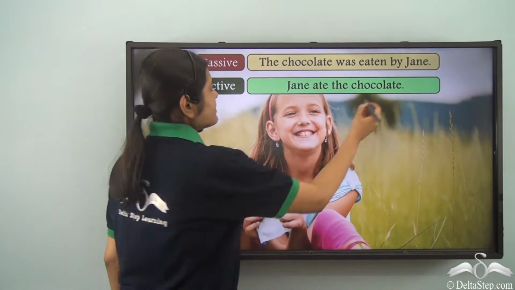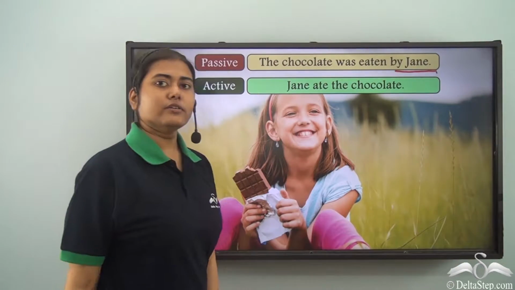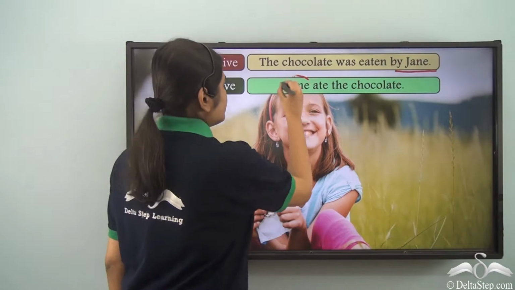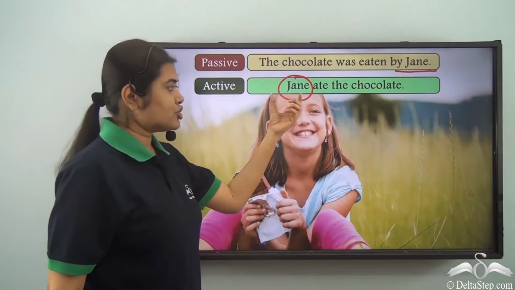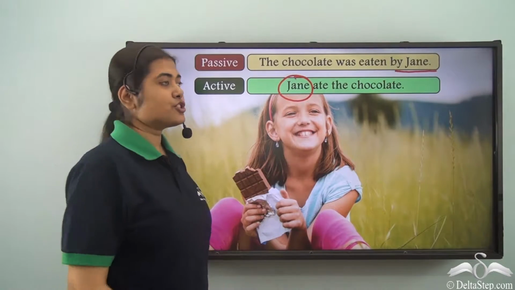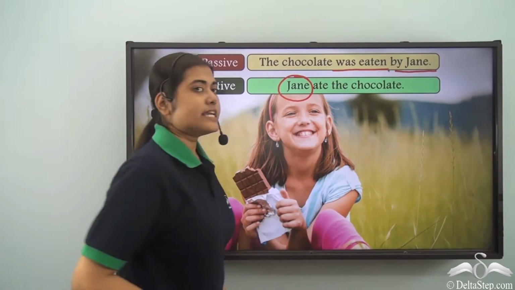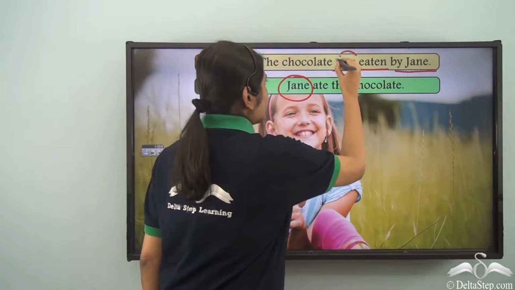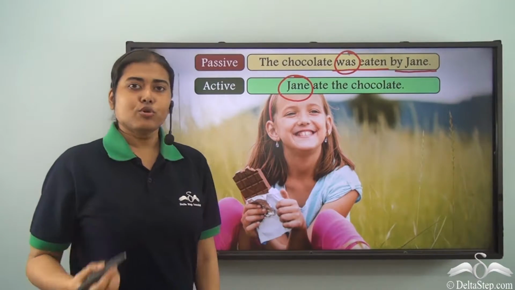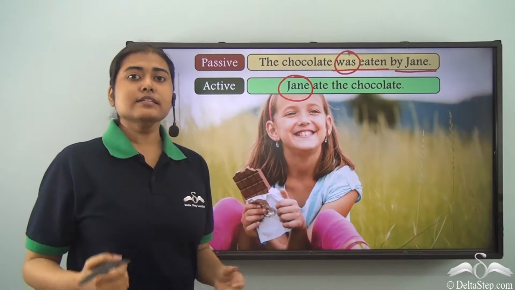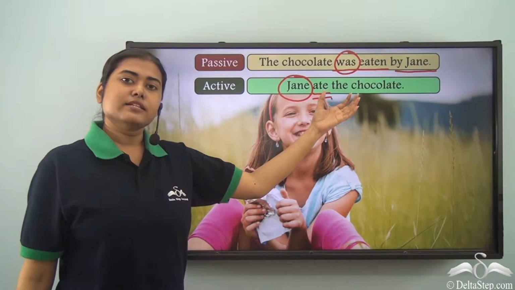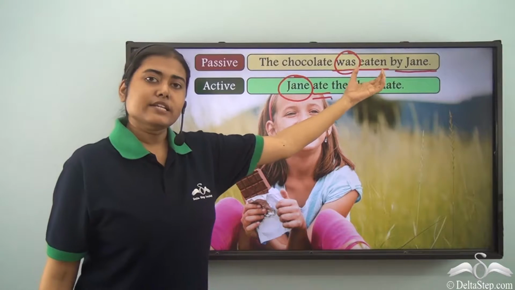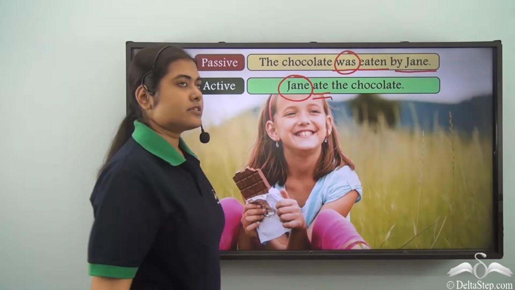So, what do we see? This is the doer, Jane. Doer becomes the subject in active voice. So, Jane is placed in the subject position. Now, was eaten. So, this form of be verb, was, shows us that it is in the simple past tense. So, we need to use the simple past tense form of the verb eat, which is ate.